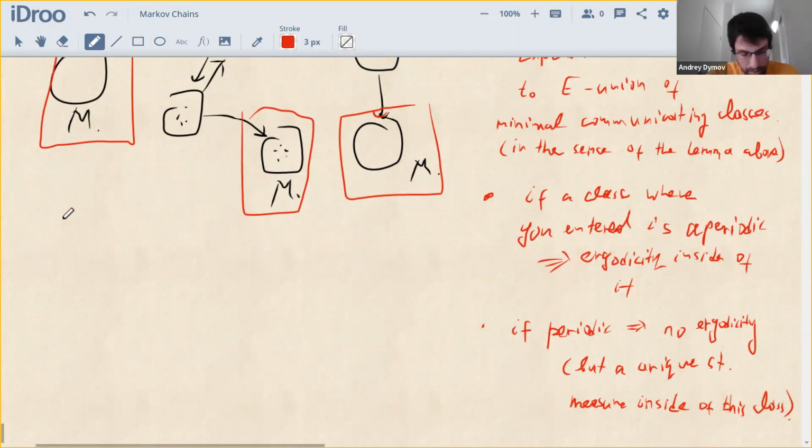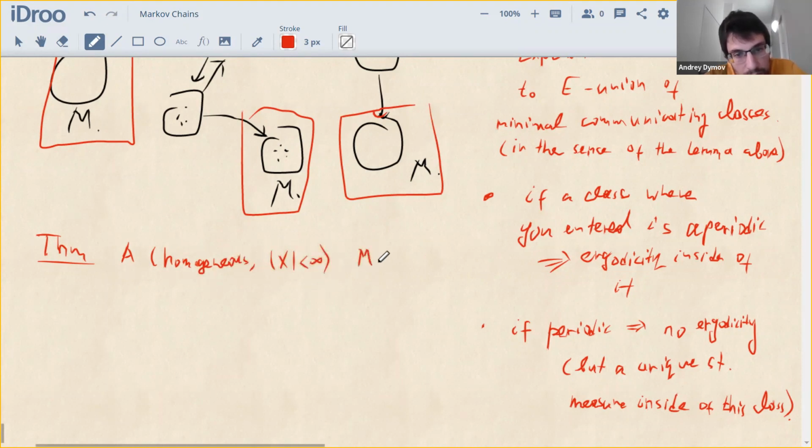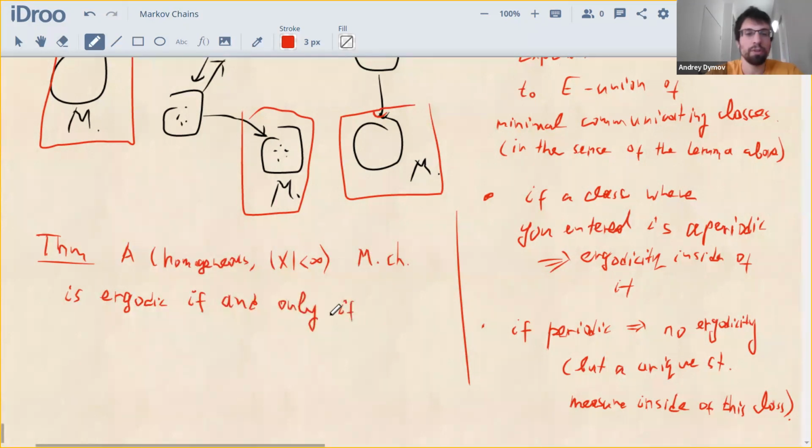So finally, we have the following theorem. Well, let me write it down accurately. A homogeneous Markov chain with a finite number of states is ergodic if and only if what?